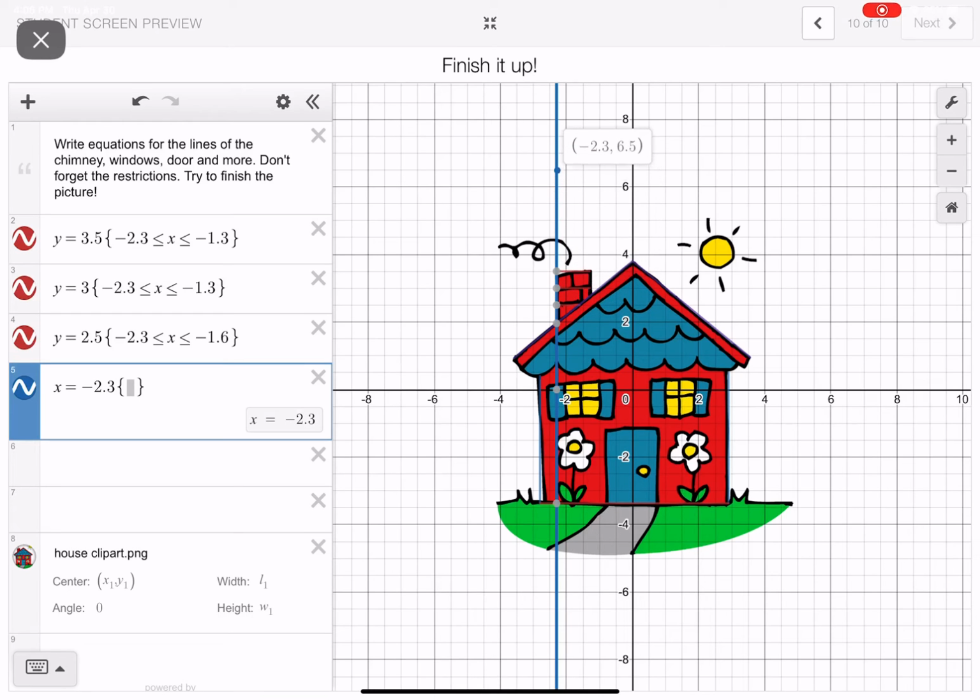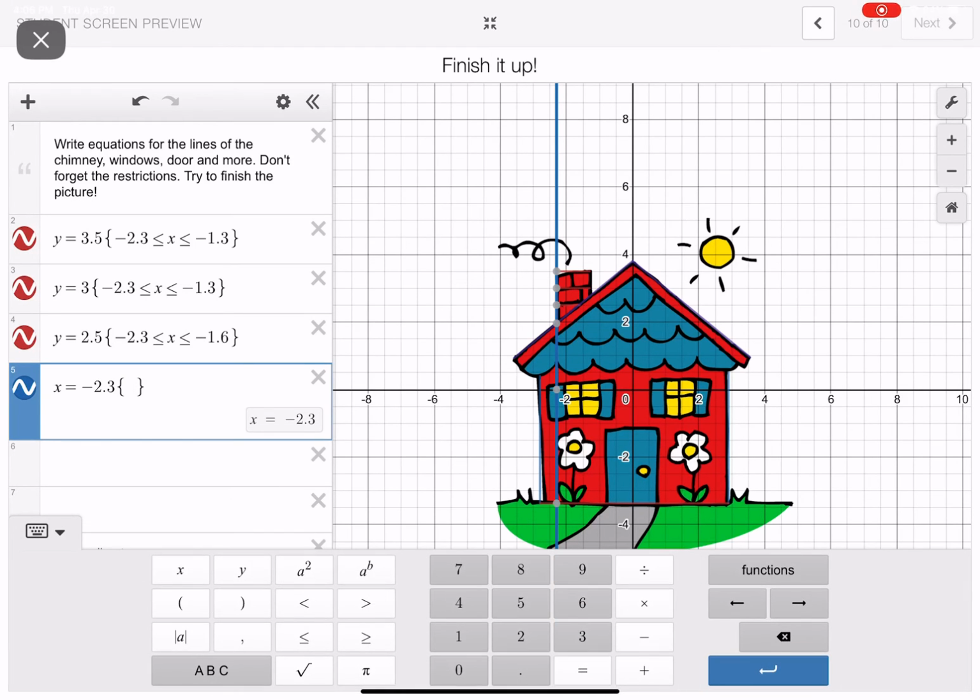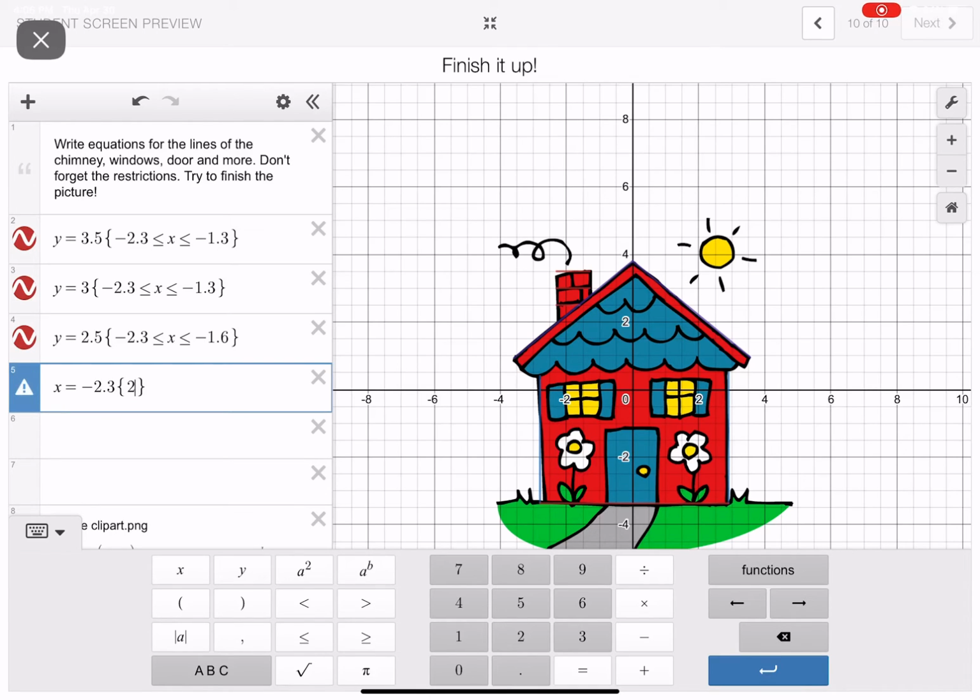X is always negative 2.3, but the y's are changing. The top y is 3.5, and the bottom y value is about 2. You do always start with small: 2 is less than or equal to y, which is less than or equal to 3.5.